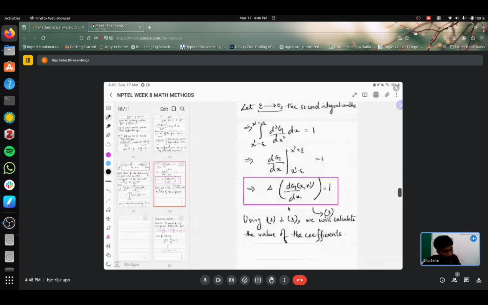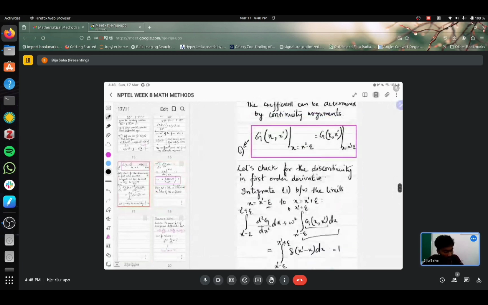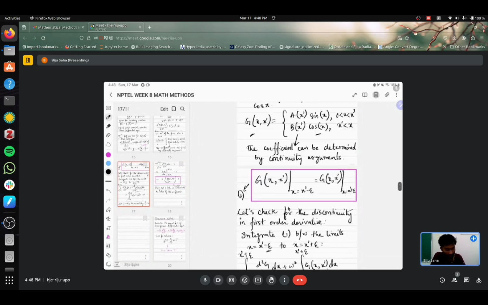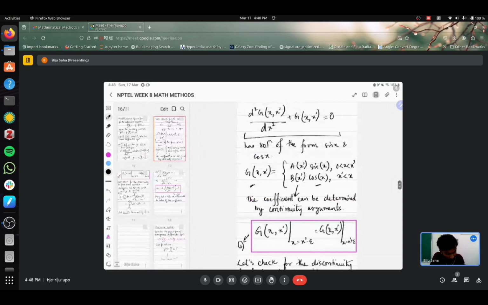So from 2 what we have is this. Let us first use 2: the value of g for x lower than x prime should be equal to the value of g at x slightly higher than x prime. So my LHS corresponds to the definition of the function valid within this range, and on the RHS this particular form of G is valid.